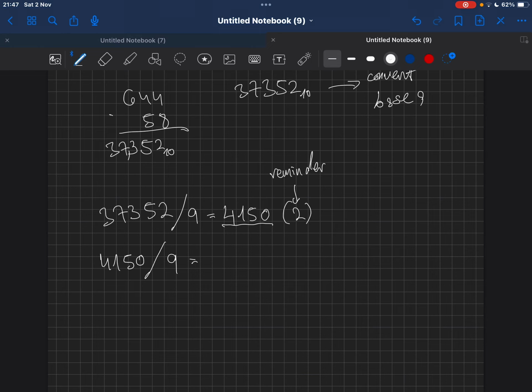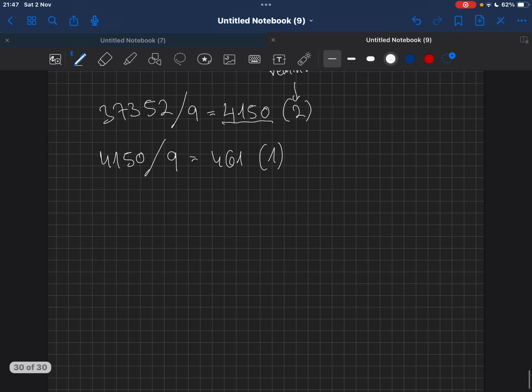Okay, we continue with this one. 4,150 divided by 9 gives 461 with a remainder of 1. Again this is the remainder. Continue with 461 divided by 9, which gives 51 with a remainder of 2.